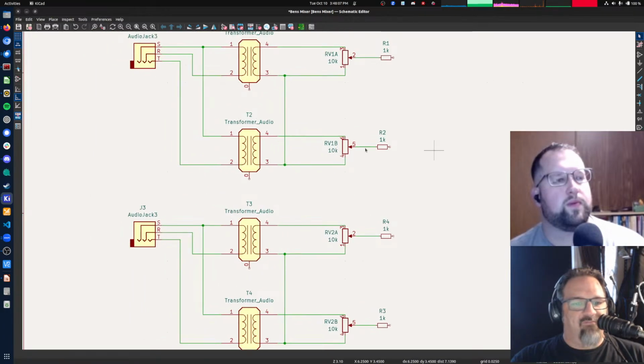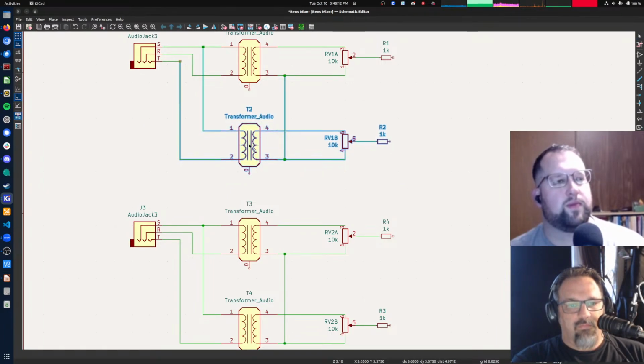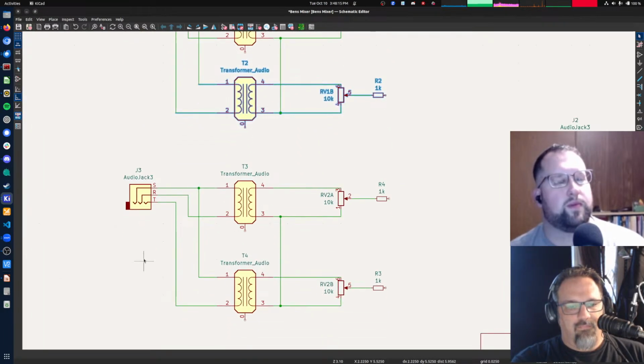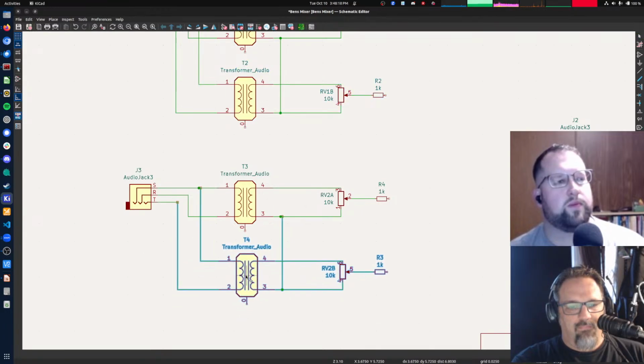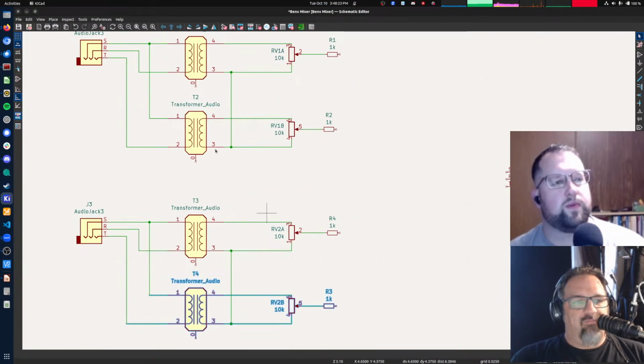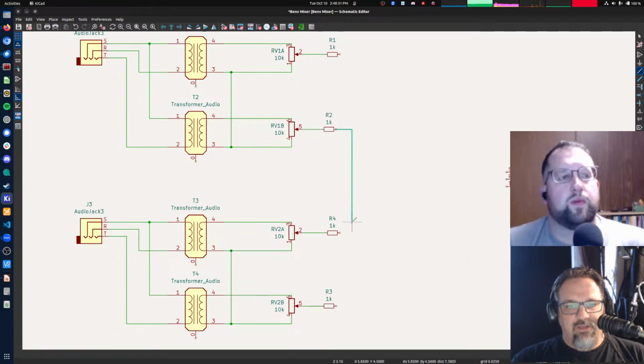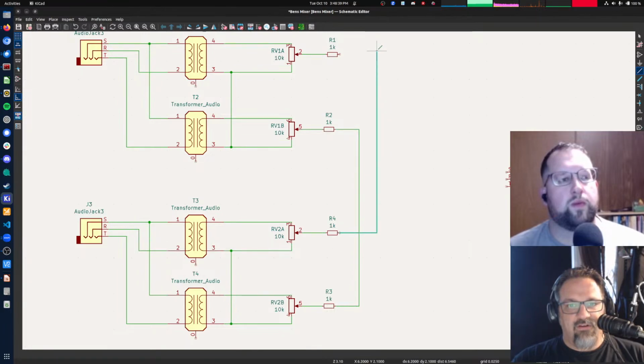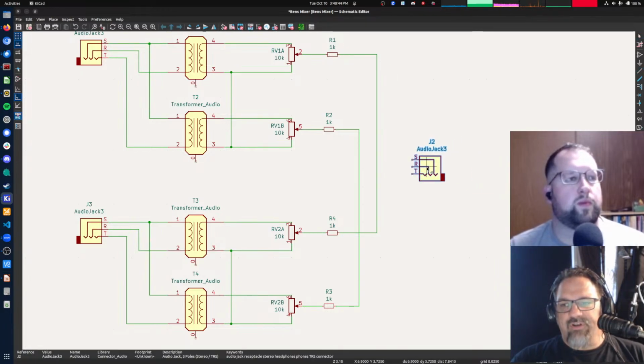Okay, so we have multiple channels. Am I drawing under my head yet? No, I'm not. Okay, so we have multiple inputs here, each with a left and a right channel. So what I'm going to do is connect all the lefts together after their 1K pots, all of the rights together after their 1K pots, and then the output connector.